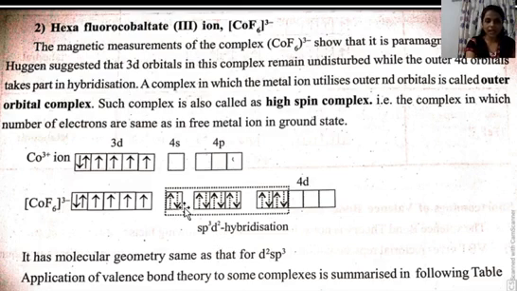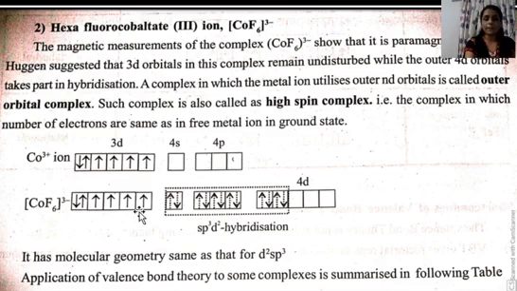All these dotted arrows show the electrons from the ligand, and the orbitals involved in bonding are 1s, 3p, and 2d orbitals.